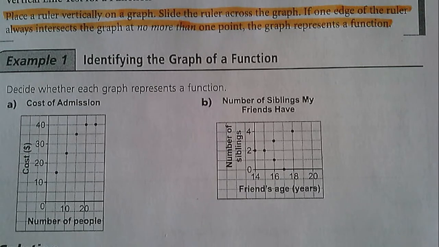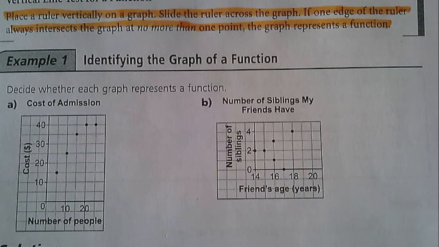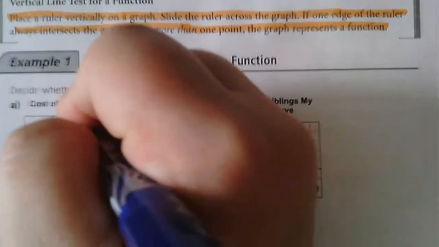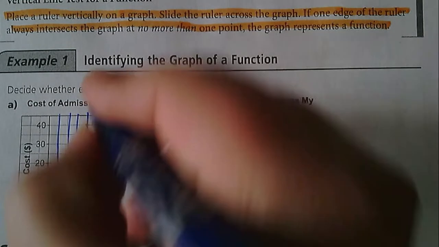If we look at this first graph here, if we were to draw a vertical line at any of these points, we could draw one here, here, here, here. Again, we'll notice it does not pass through more than 1 point. So we would call this graph a function.